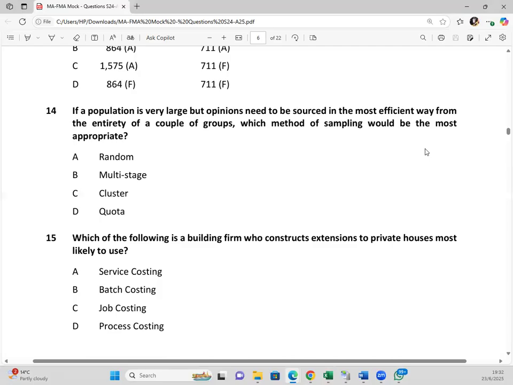You want to ask the whole group? The population is large, but we want the opinions sourced in the most efficient way from the entirety of a couple of groups. Which method of sampling would be appropriate?